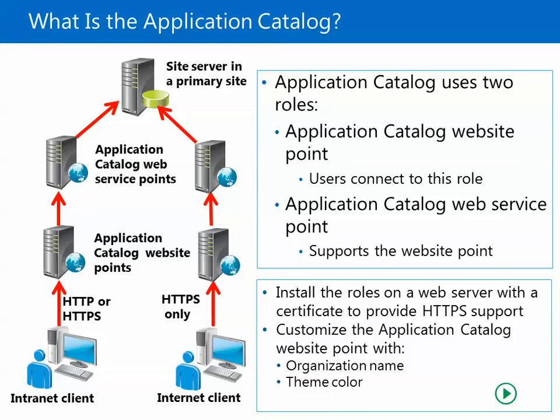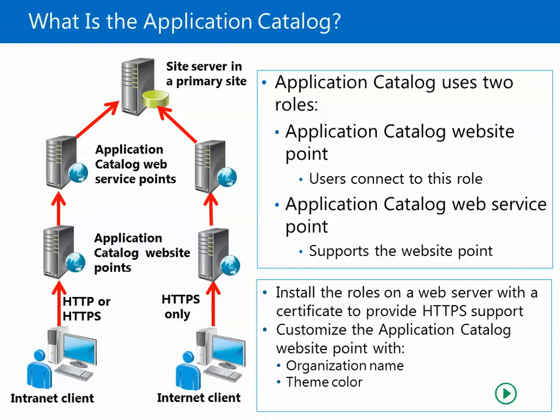The website point is the role users connect to, whereas the web service point supports the website. When you install these two roles, it will automatically configure your website, you don't need to configure it.